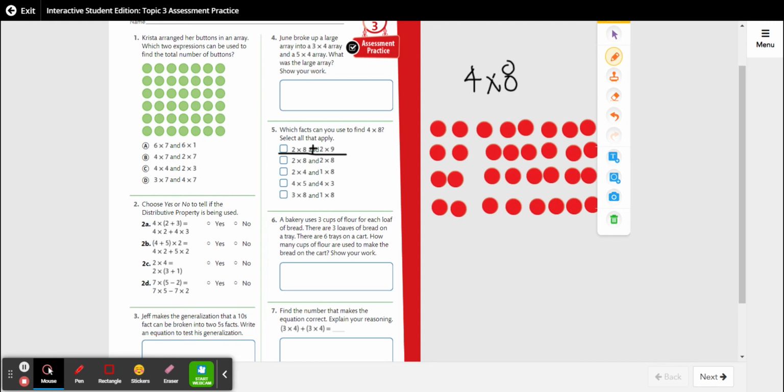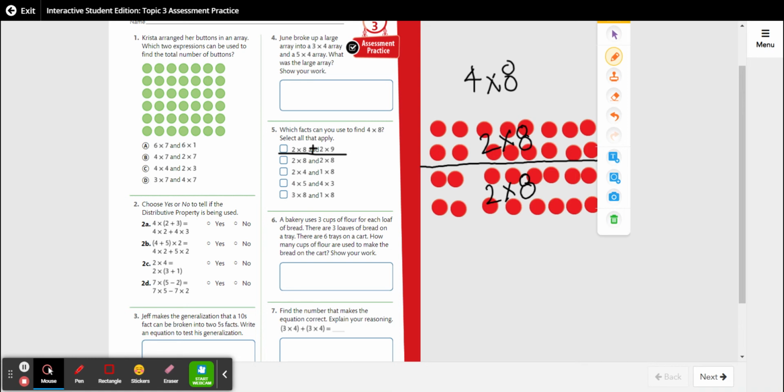Well, if I were to split apart this array, so you have 2 groups of 8 and 2 groups of 9. Okay, so that would mean that I would draw a line here. So on this side, I now have 2 times 8. And on this side, I have 2 times 8. So could this first one be correct? 2 times 8 and 2 times 9? No, absolutely not.